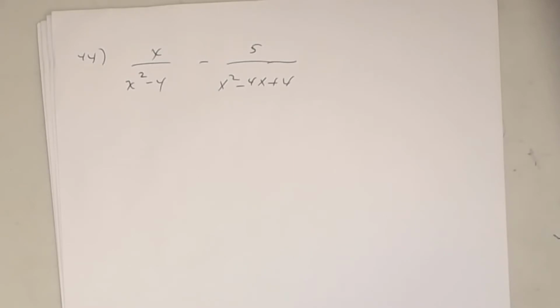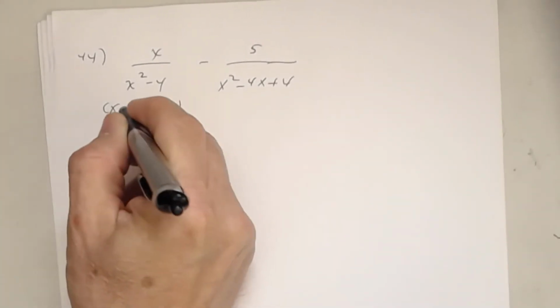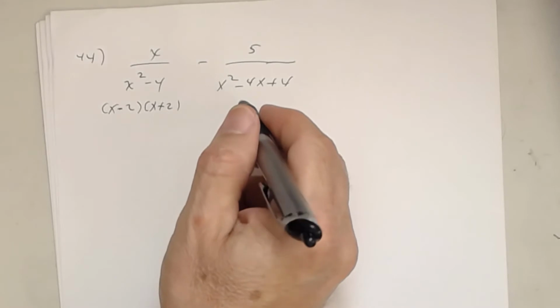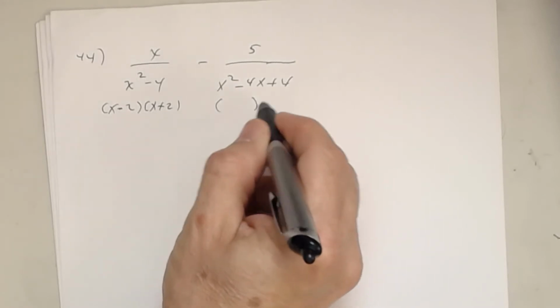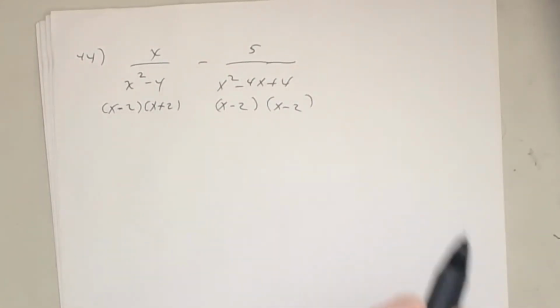So what are you going to do? Factor. Okay, the first denominator, how do you factor that? x minus 2 times x plus 2. That's a difference of two squares. The other trinomial, that's going to be x minus 2 times x minus 2, right?